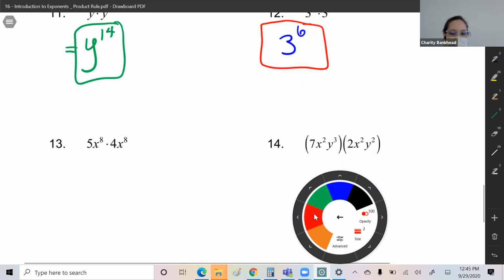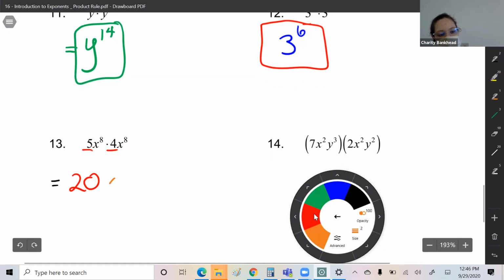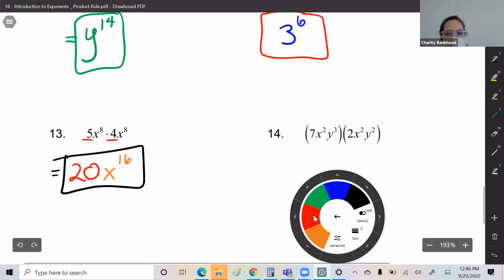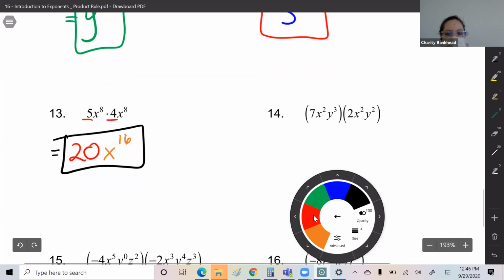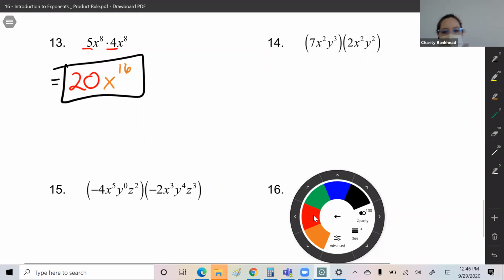All right, number 13. So 5 times 4 would be 20. And then 8 plus 8 is 16, so that's x to the power of 16. 20x to the power of 16. Number 14, so 7 times 2 is 14.